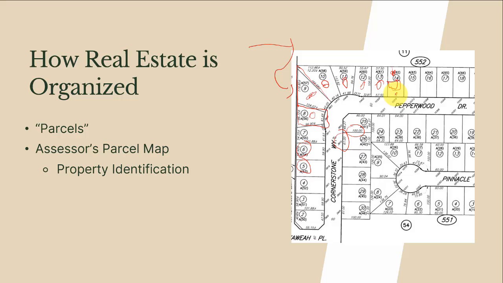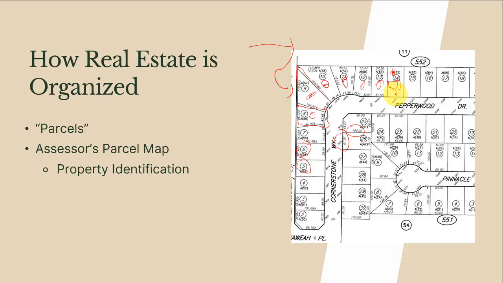So when you want to buy or sell land, it's going to identify the property by its location and its ID number essentially in this assessor's parcel map. And so when you're buying property, what you're buying is referenced by this assessor's parcel map number. So it's very important because you're essentially buying whatever is in this official record.